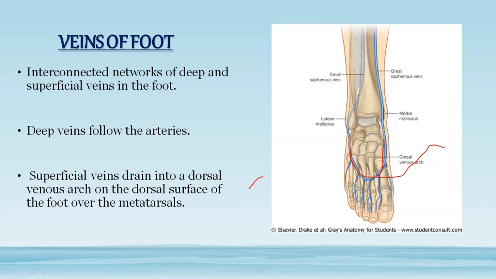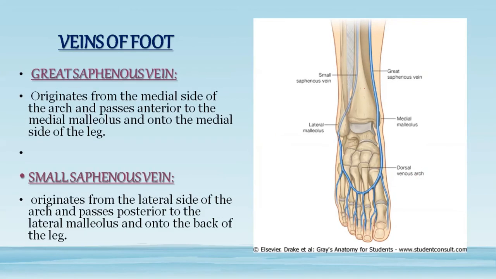two veins. We can say this dorsal venous arch continues upward as the great and small saphenous veins. On the medial side there is the great saphenous vein, and on the lateral side the small saphenous vein.